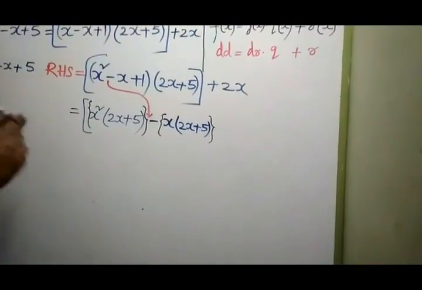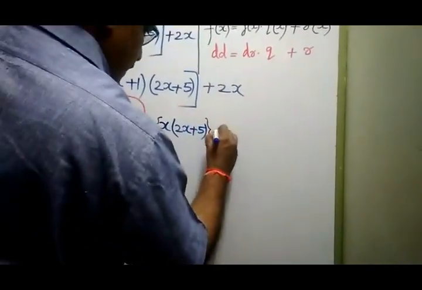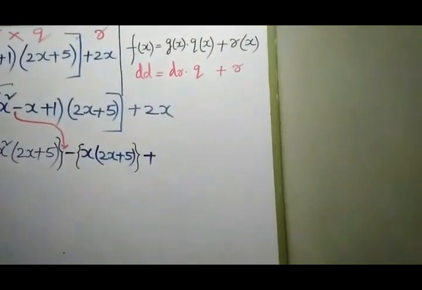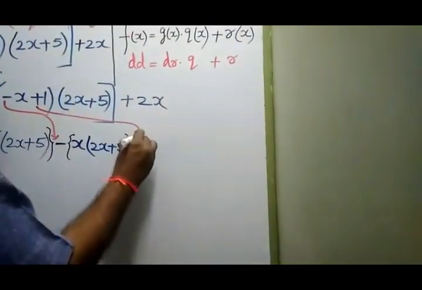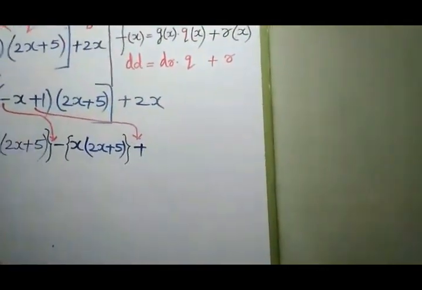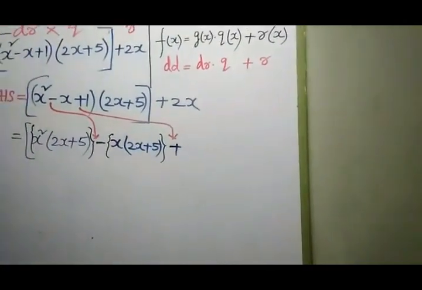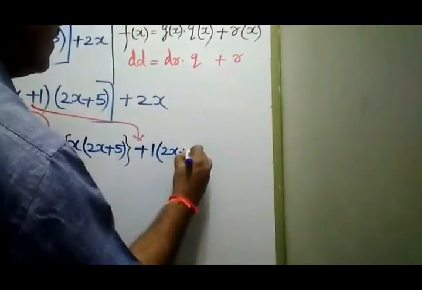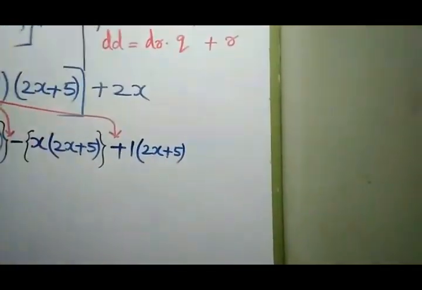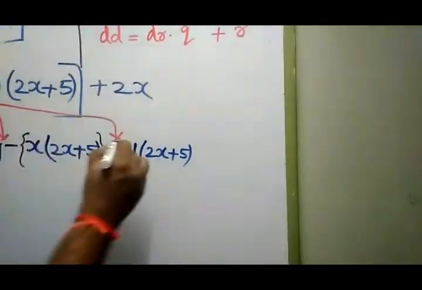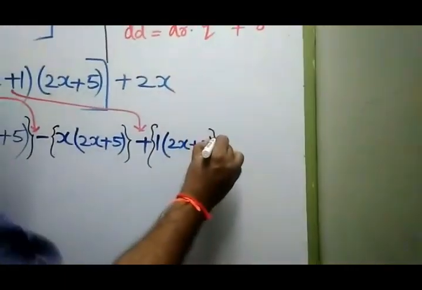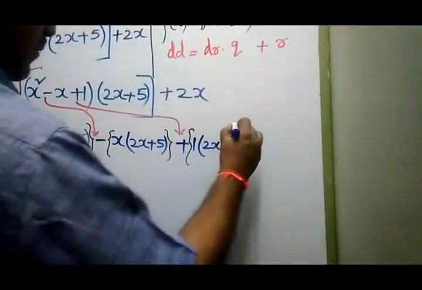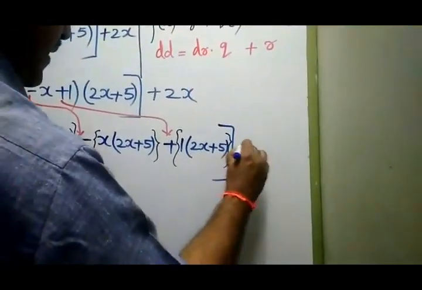Next, plus 1 of 2x plus 5. And for this also I am using curly brackets, and close the square bracket, plus 2x.